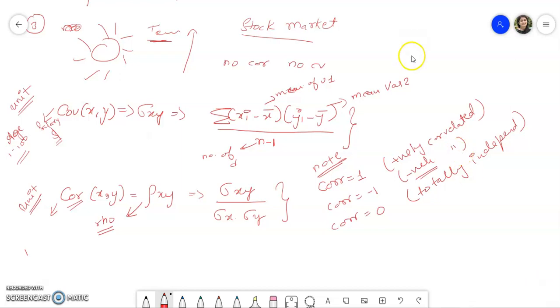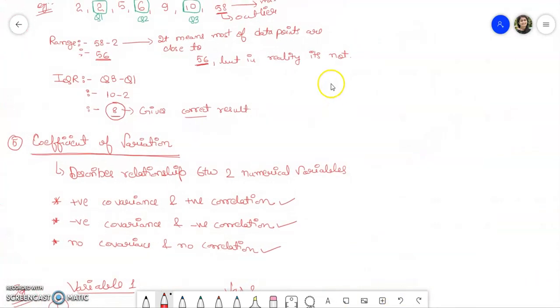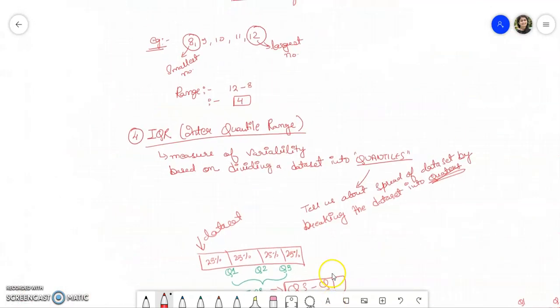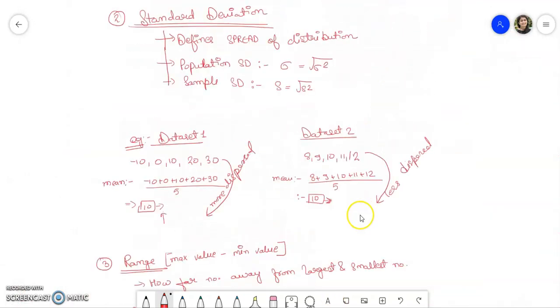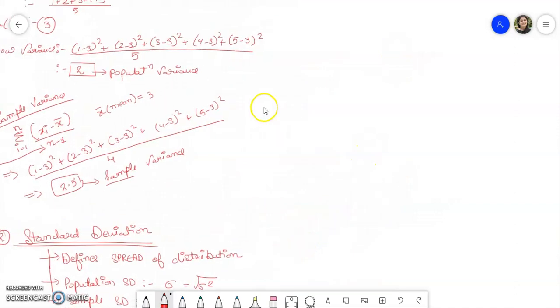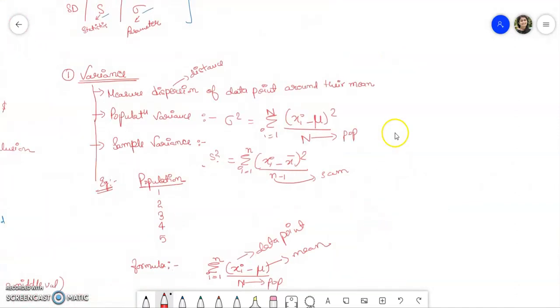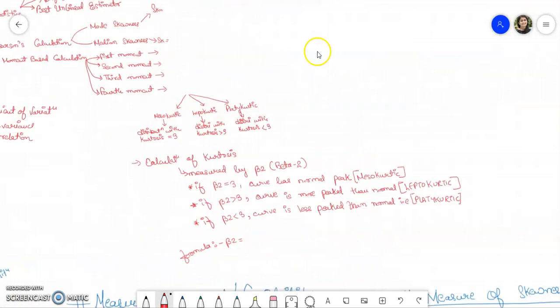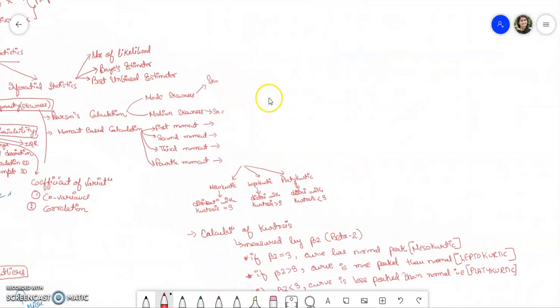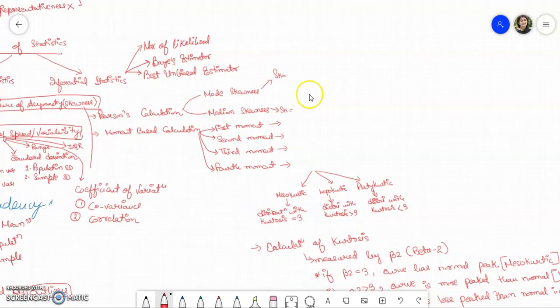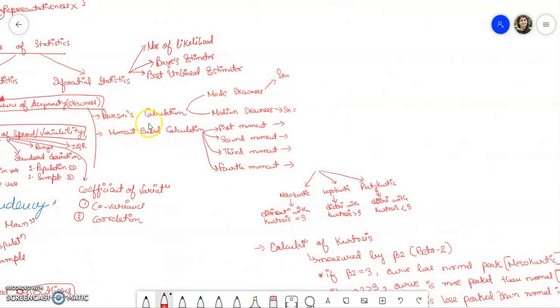Now the other thing I have to discuss: we have covered measures of central tendency and measures of spread, and now we have to cover measure of asymmetry, or skewness. This is also very important. Under measure of skewness, we have Pearson's calculation, which includes mode skewness and median skewness.